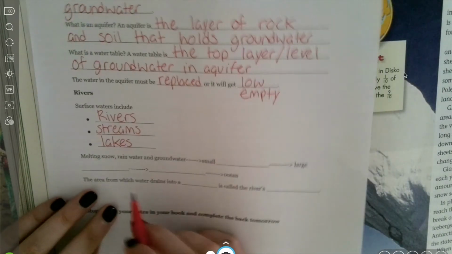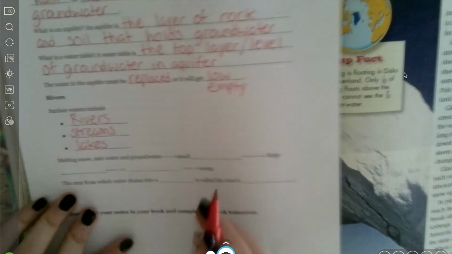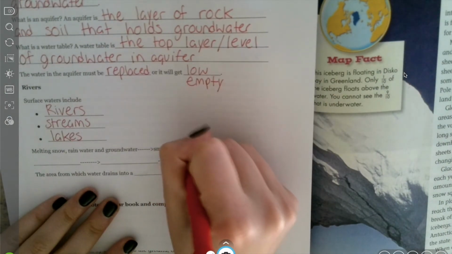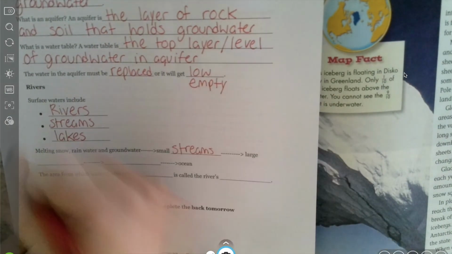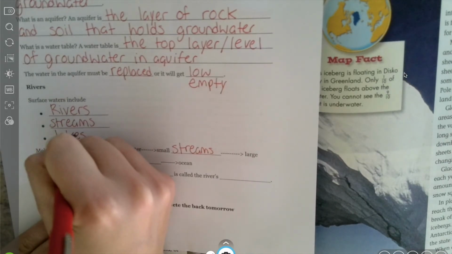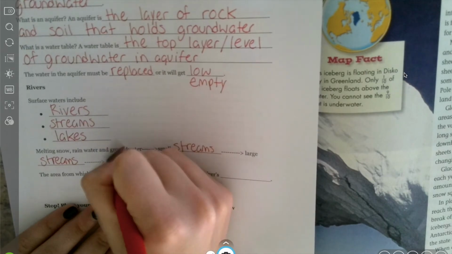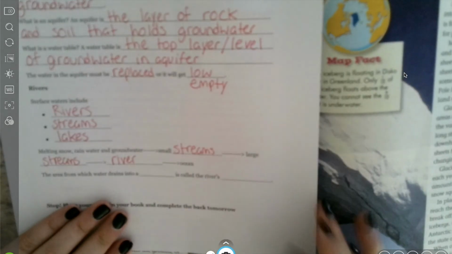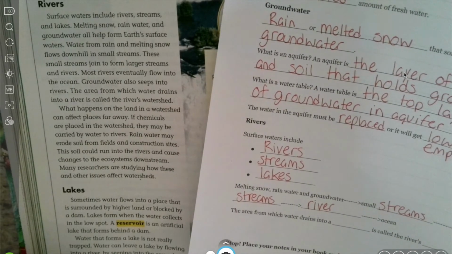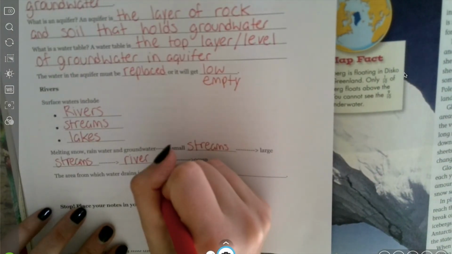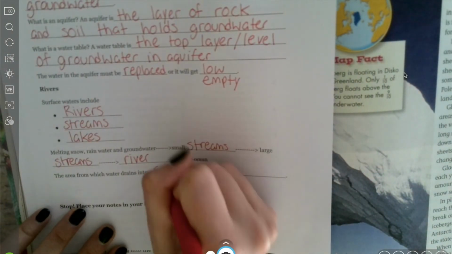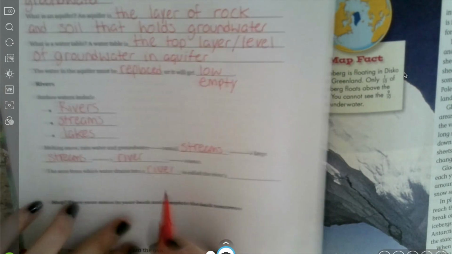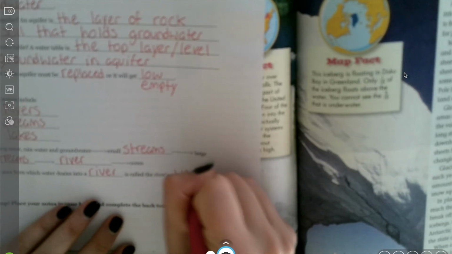So it goes from melting snow, rainwater, groundwater, to small streams, to large streams, and then to the river, and then to an ocean. And then the area from which water drains into a river is called the river's watershed. So when water is draining into a river, that's the river's watershed.